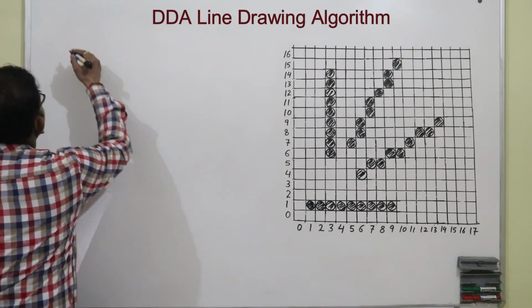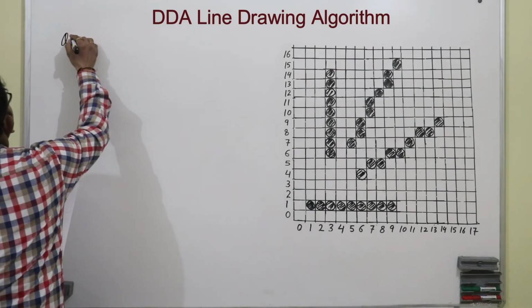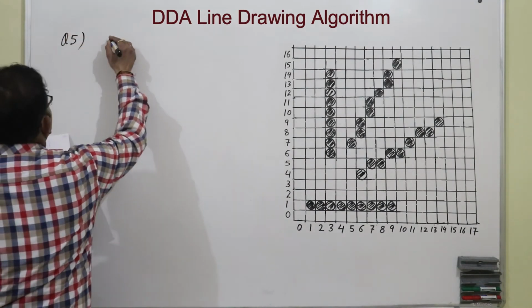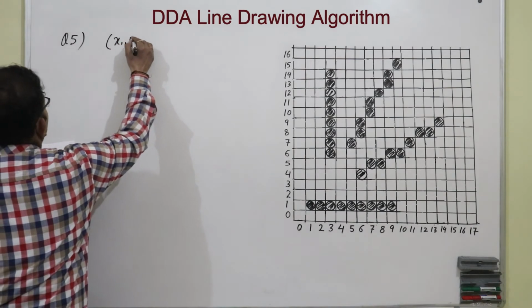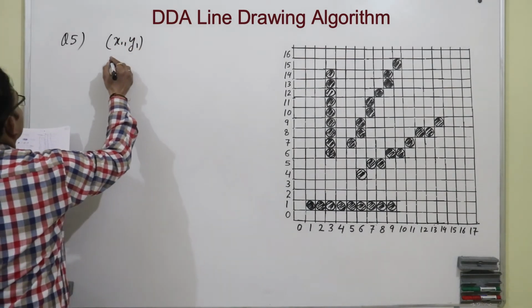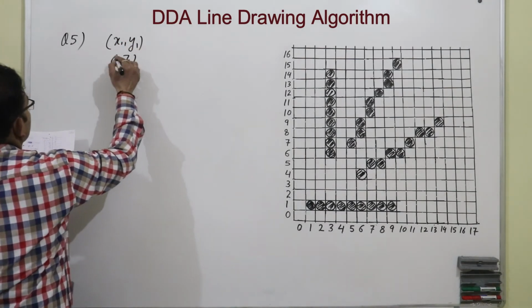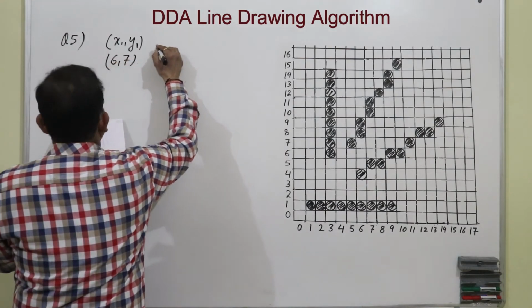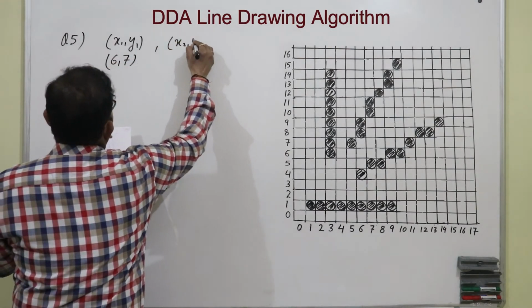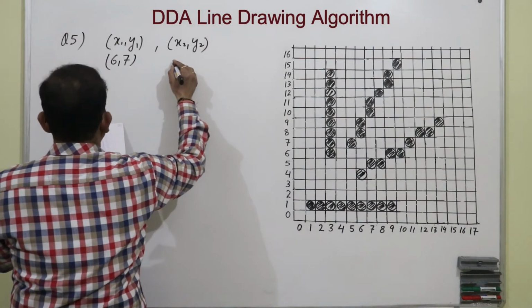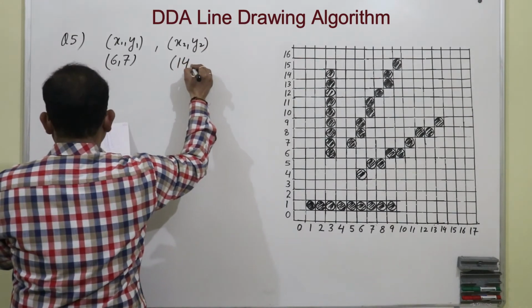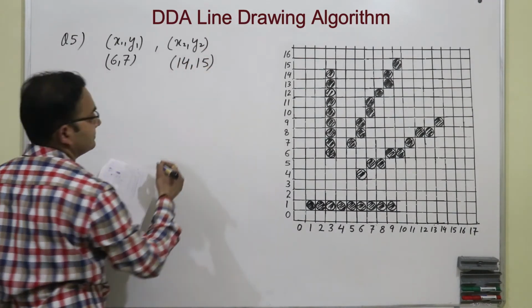Next question. Initial coordinates x1, y1: 6, 7. Final coordinates x2, y2: 14, 15.